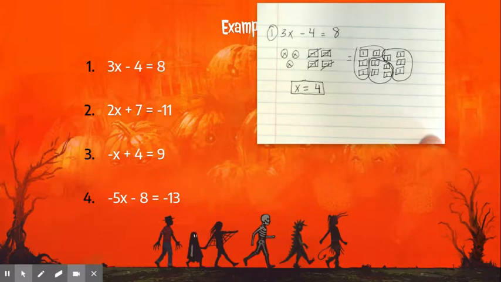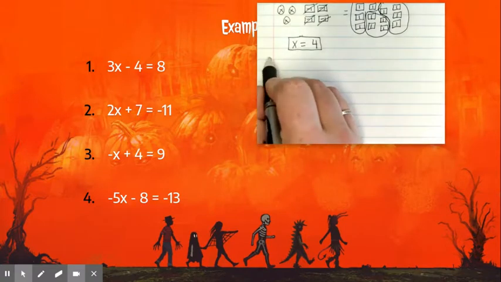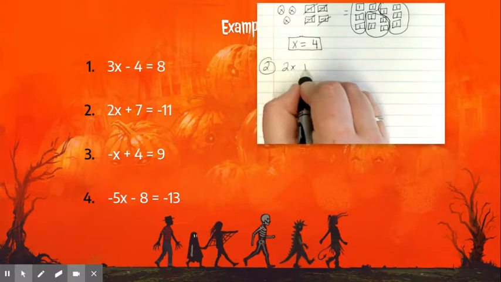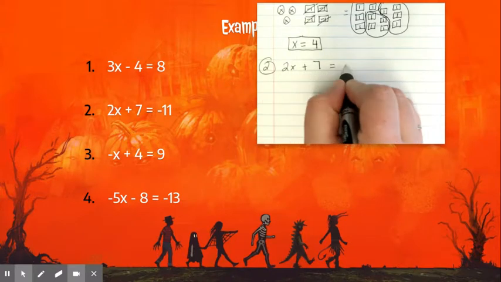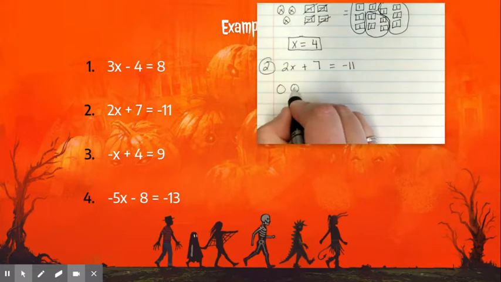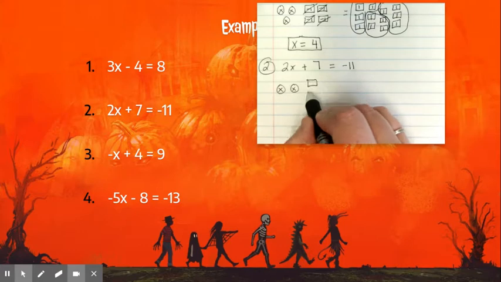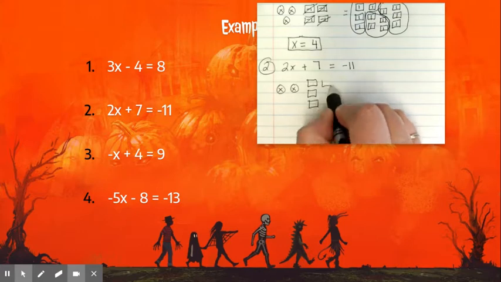Okay. Our next one, number 2, 2x plus 7 equals negative 11. Okay, so I have 2 x's, 7 ones, 1, 2, 3, 4, 5, 6, 7.